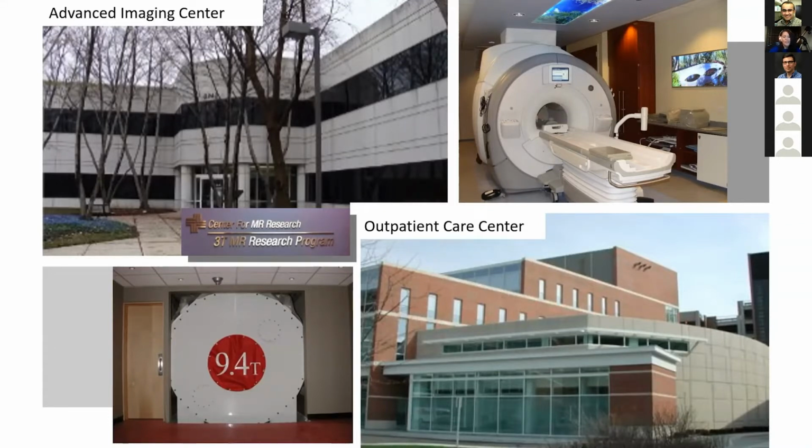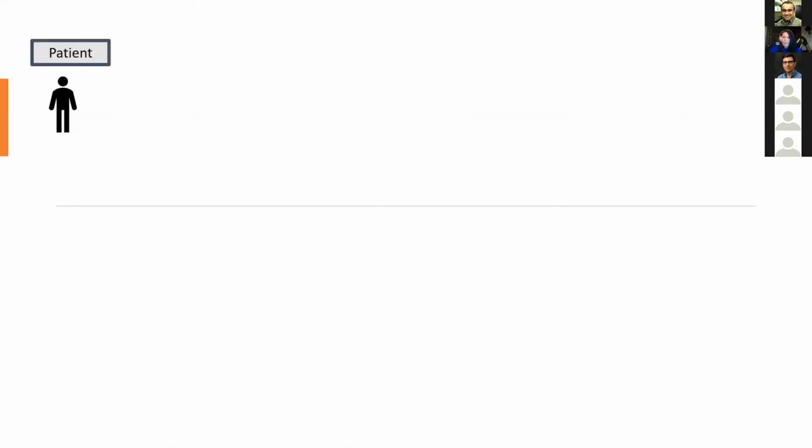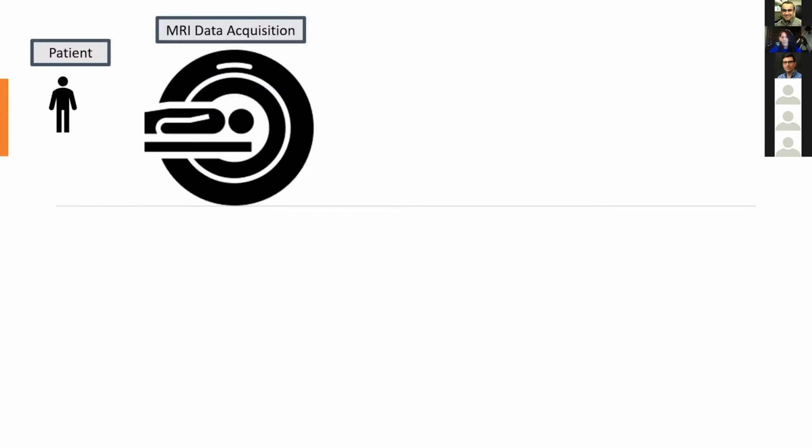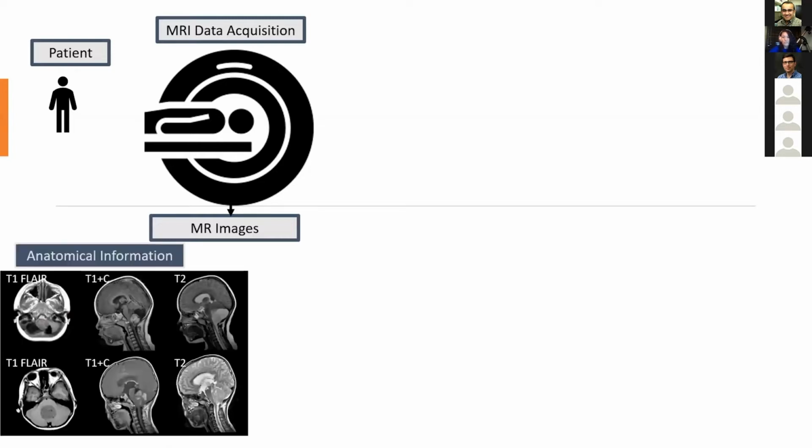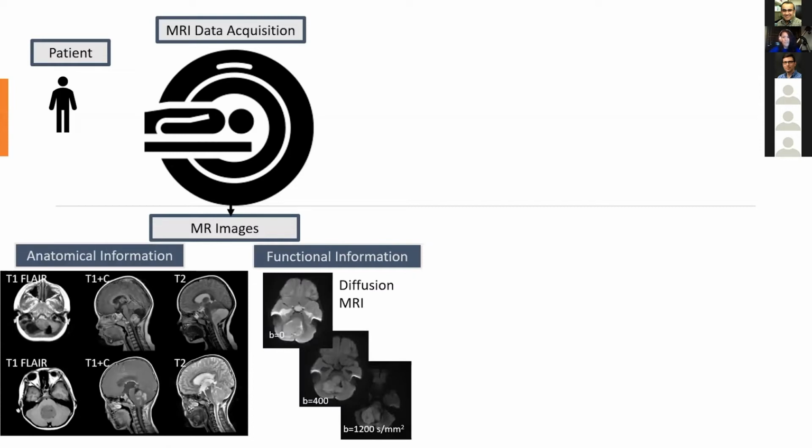Also, UIC has a rich environment for MR research with a total of around 31 full-time faculty members, such as Dr. Tom Brunstrom and Dieter Klatt from our own department. So MRI is a technique that uses a powerful magnet and radio waves to create detailed images of the internal body structures. The first step in this pipeline is MRI data acquisition, which produces a set of MRI images, either anatomical images that the radiologist can interpret directly, or other types of images based on more advanced MRI techniques that have functional information, such as diffusion MRI.